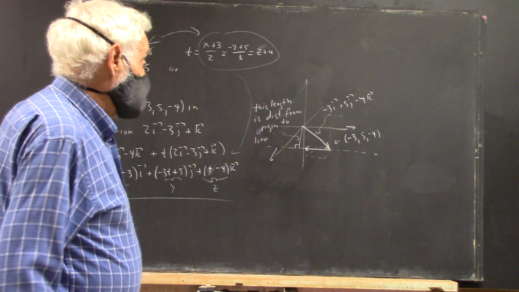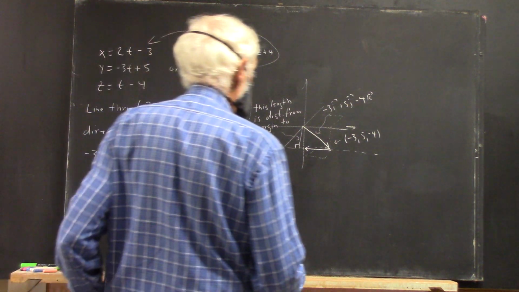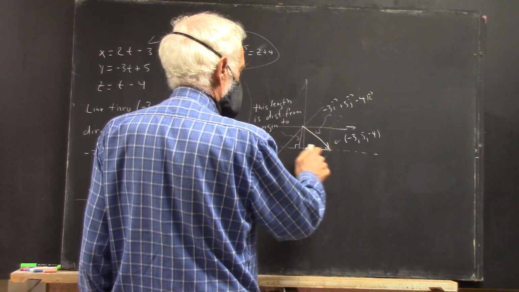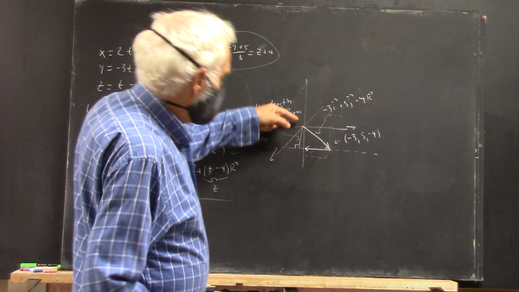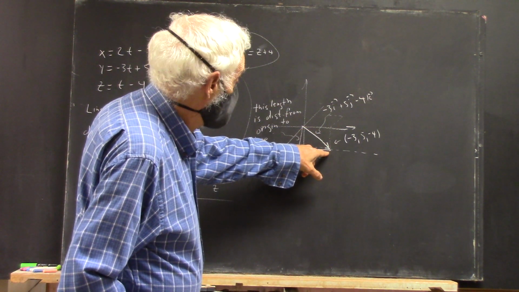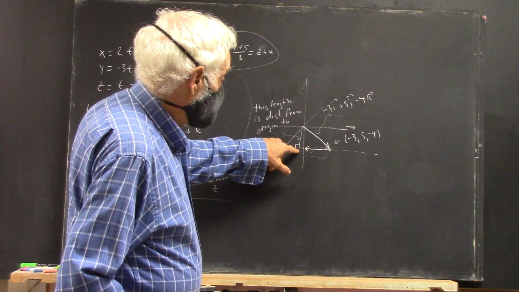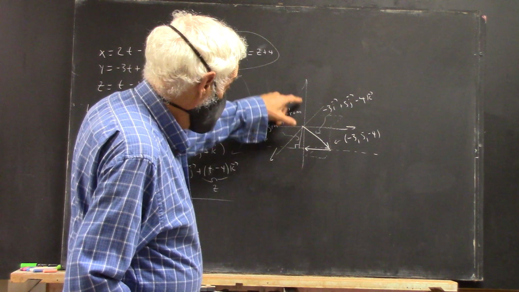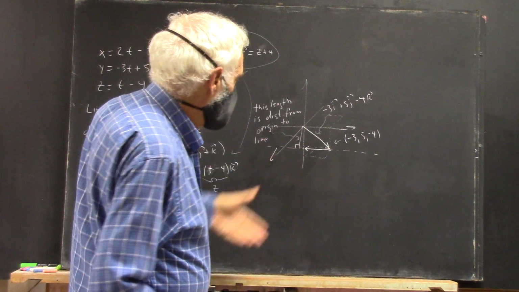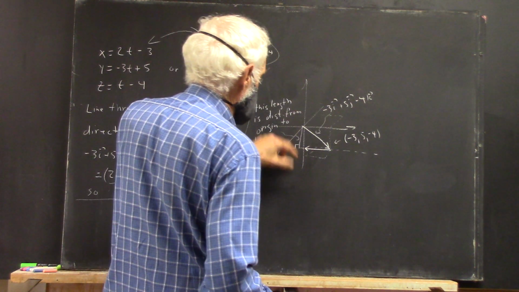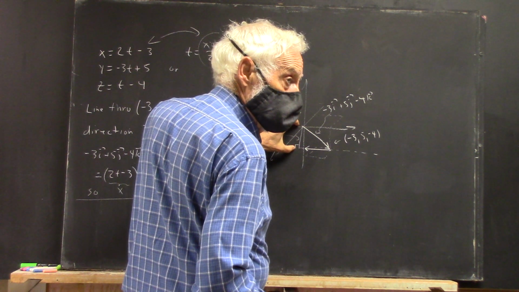So now we've got a right triangle, and the projection of this vector onto, let's say, the line from the origin to the line at a perpendicular is going to be that distance.